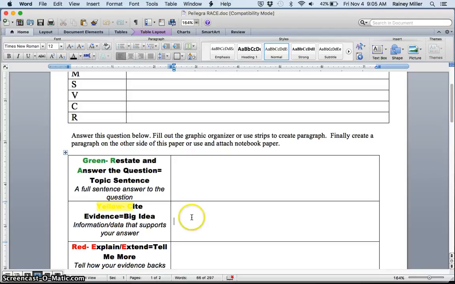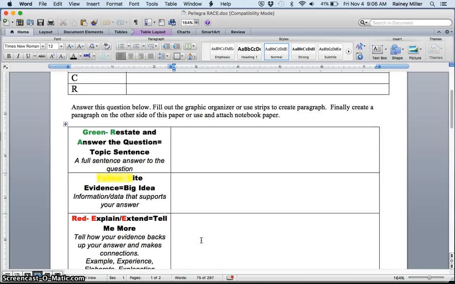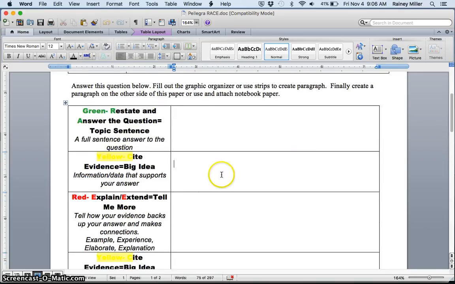So in this box right here, I want you to pick one of the things that he did right or wrong, depending on what your paragraph is about. So did he do his multiple trials right? Did he do his sample size right? Variables, control, pick one of these as your piece of evidence. Okay? So you write that in here.